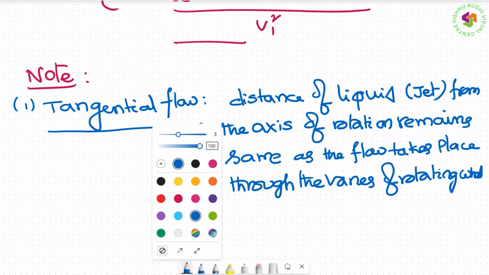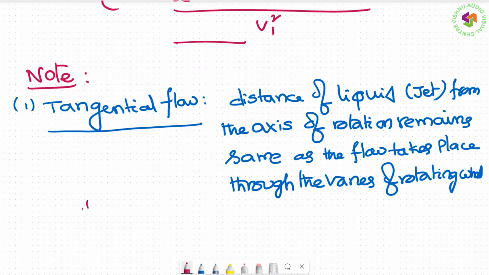In such a case, the impulse momentum principle is used.